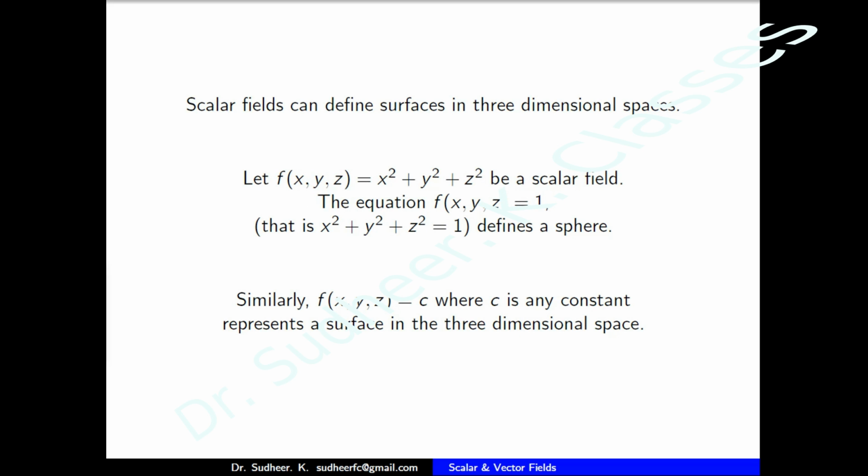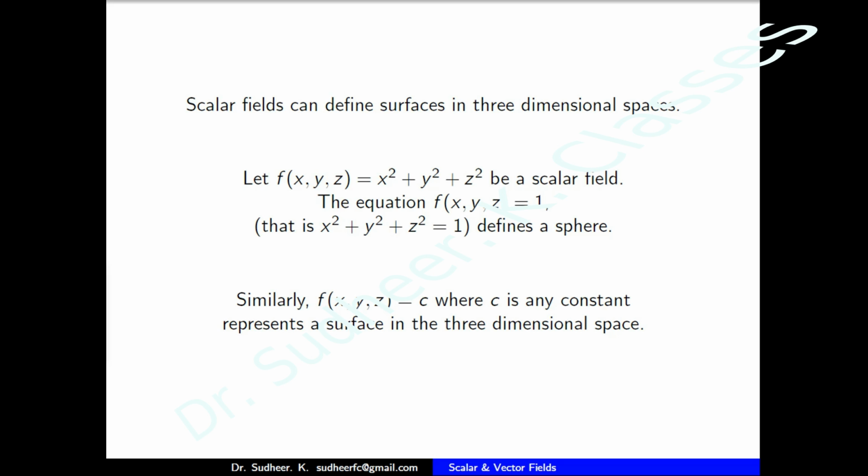Now consider the function f(x,y,z) equal to x square plus y square plus z square. If the equation f(x,y,z) equal to 1 is assumed, that is x square plus y square plus z square equal to 1, it will define a sphere in the three-dimensional space.